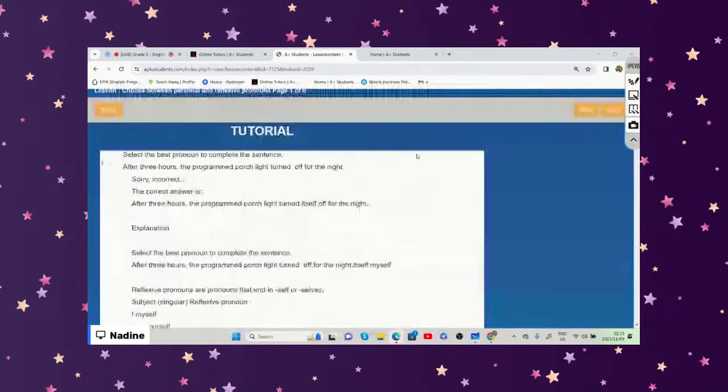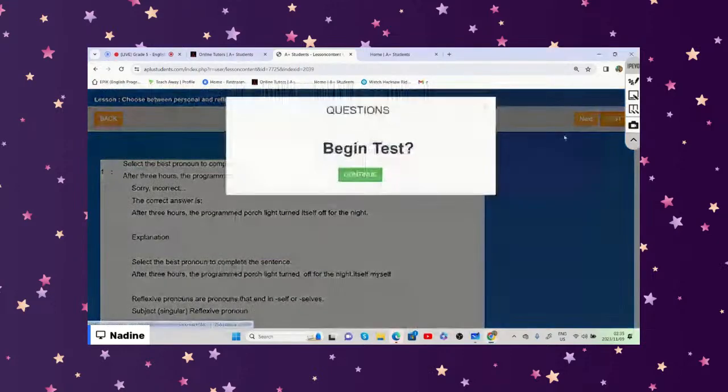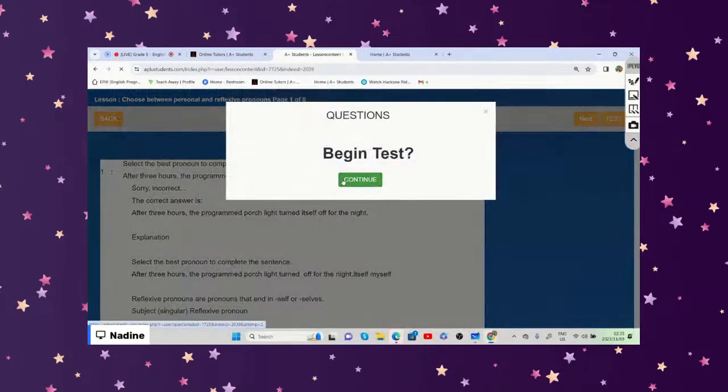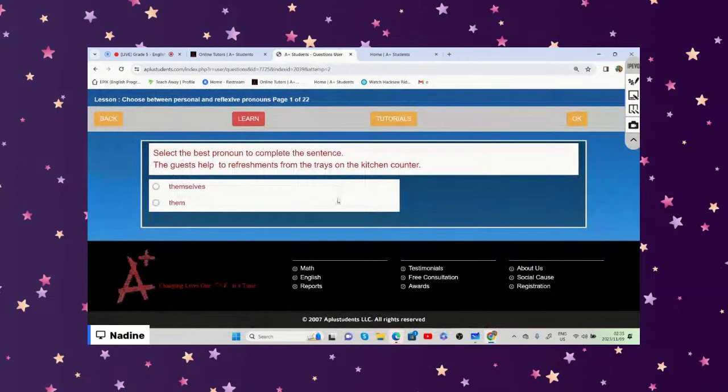All right, so now let us go and do our test where we are going to be choosing between either a personal pronoun or a reflexive pronoun. And remember, a personal pronoun refers to me, you, she, he, right? And a reflexive pronoun refers to itself, yourself, ourselves, themselves, right?